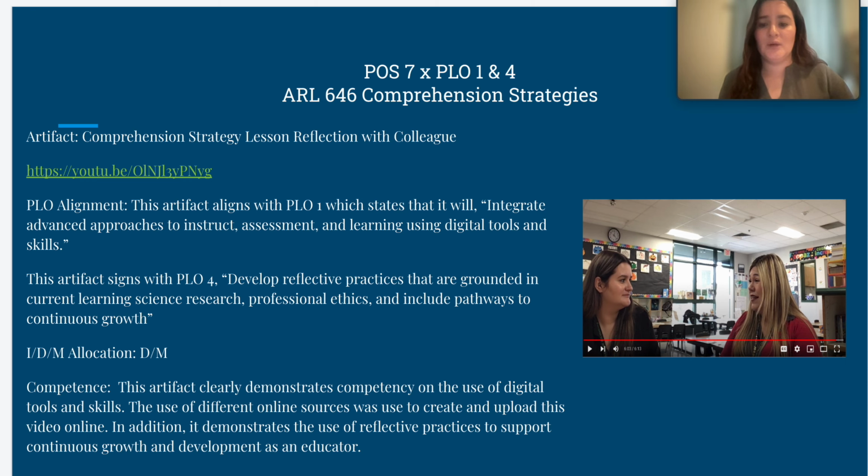So PLO 1 went with the M for mastered, and PLO 4 went with D for developed. This artifact clearly demonstrated my competency on the use of digital tools and skills. Different online sources were used to create and upload this video online. In addition, it demonstrates the use of reflective practices to support continuous growth and development as an educator.